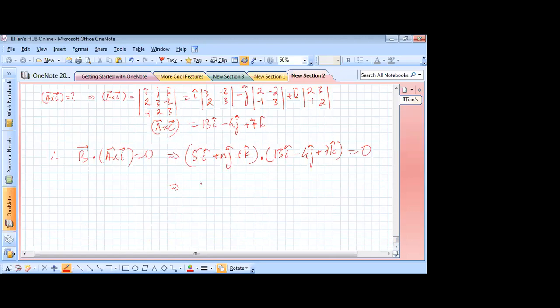So that means 65 minus 4n plus 7 equals 0. So 4n will be equal to 72. So n should be equal to 18. The value of n.